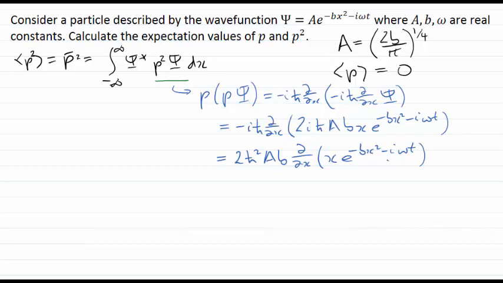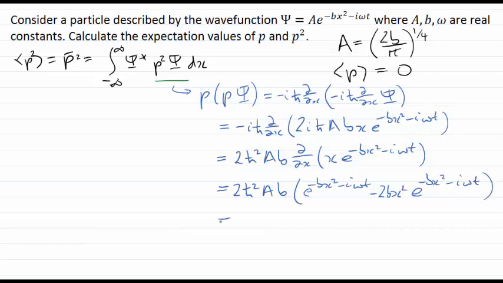Then we need to make sure we remember our product rule for differentiating something that has two factors that depend upon x. We'll leave our 2 h bar squared a b out there. Let's differentiate that first term. The first factor just gives us 1, and then we leave the second factor alone, e to the minus bx squared minus i omega t. Then we leave the x alone and take the derivative of this exponential, which, if you recall, gives us minus 2b times x, and that gives us an x squared there because we already had a factor of x, and then we end up with e to the minus bx squared minus i omega t.